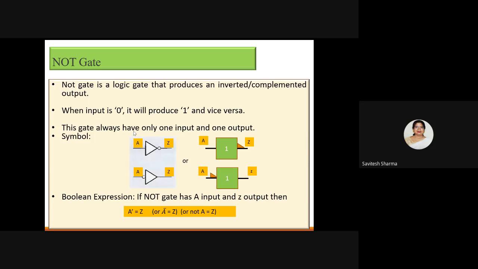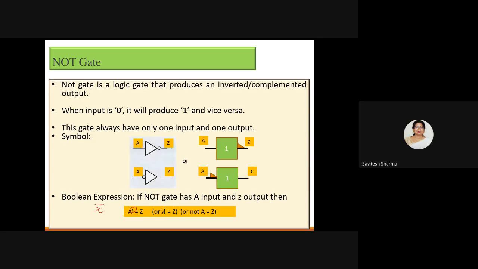So this is the expression. To represent a complement function in a Boolean expression, there are various ways to represent the complement. Sometimes you will see this tick I am using here, or I will use an over bar. So if you want to represent the complement of x, for example, you will draw an over bar on the x, that will show that this is the complement of x.